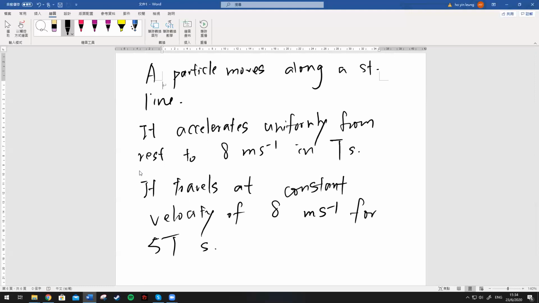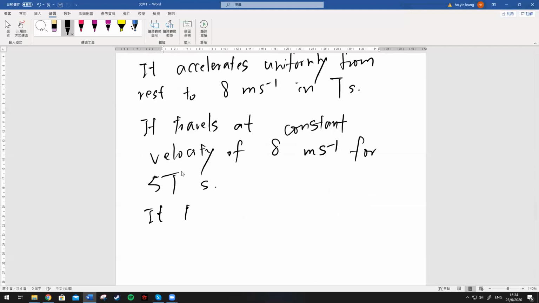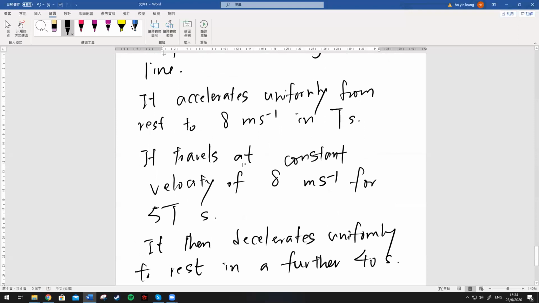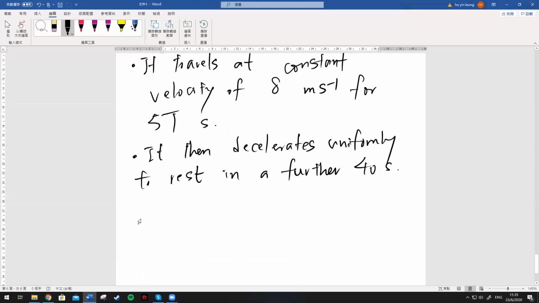And the third condition is it decelerates uniformly to rest in a further 40 seconds. So three parts of the journey. First of all, let's sketch the velocity time graph.